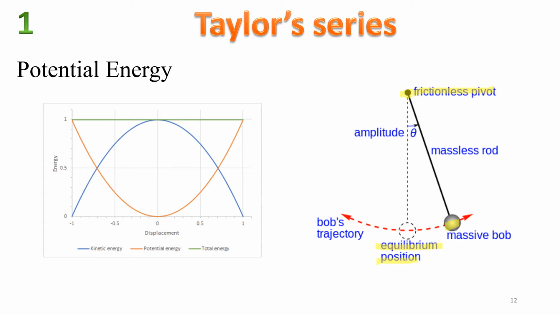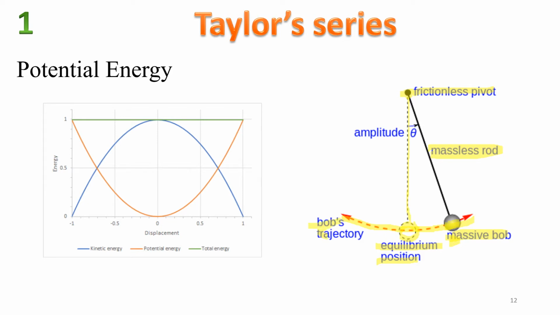So the red line is indicating the trajectory of the bob. This is the equilibrium position, which is indicated by the dotted line. At this time the string will be like this. So this bob is essentially massive, and the thread or the rod which we are considering for suspension is massless, or it should have negligible mass as compared to the mass of the bob.